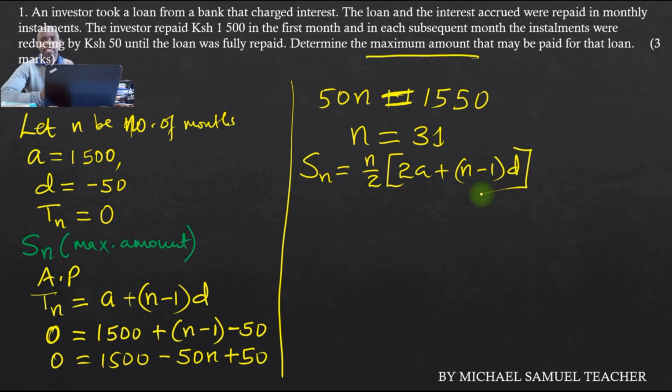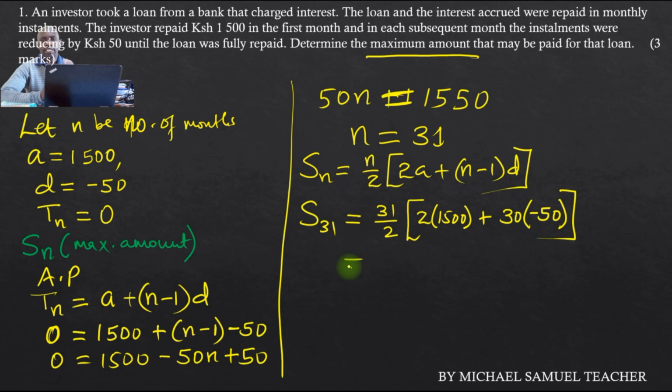So in our case here, n is 31, so the sum of 31 terms is 31 over 2 into brackets, 2 times a is 1,500, then n is 31, so 31 minus 1, that is 30, multiplied by the common difference, that is minus 50.